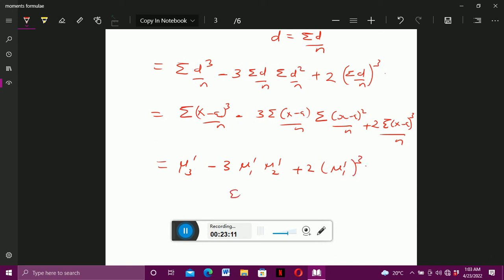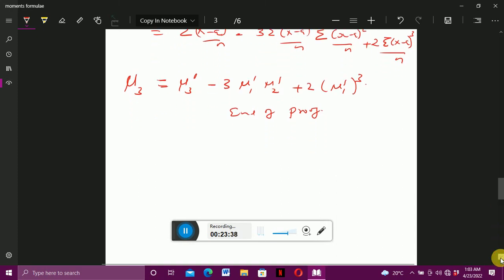So this is the end of the proof. We have seen that we can get the third moment about the mean by taking the third moment about a point, subtracting 3 times the first moment about a point times the second moment about a point, and adding 2 times the first moment about a point cubed.